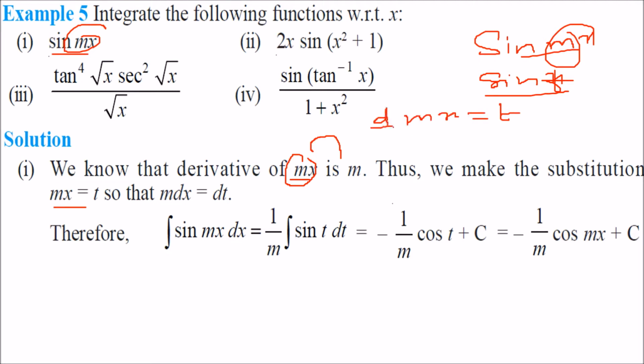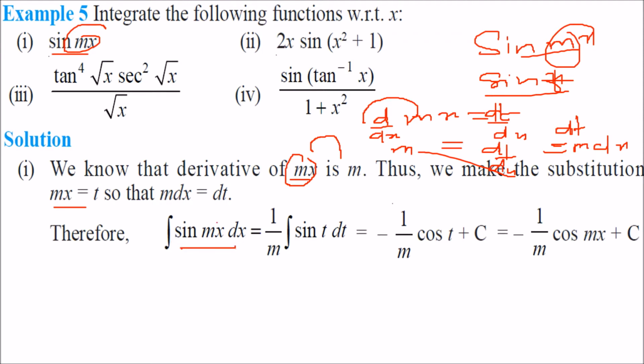Let us take d by dx on both sides. This m is constant, so it will come out. d by dx of x is 1. This will be dt by dx. Take dx here. So dt will be m dx. Right? So this sine mx dx will become what? Because we have taken t, it will be sine t.